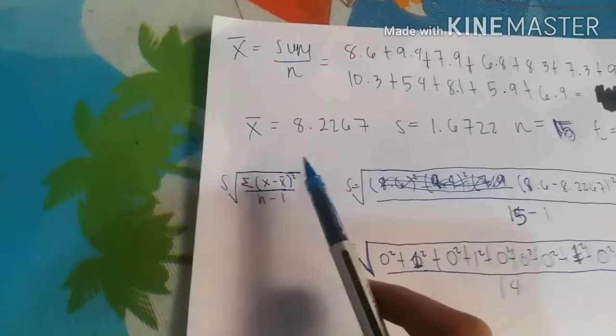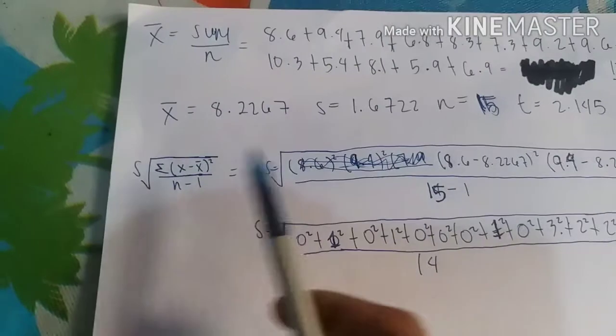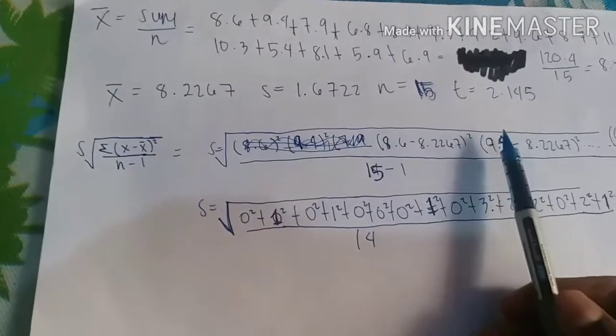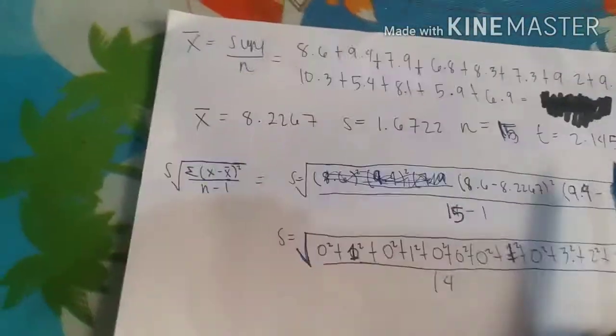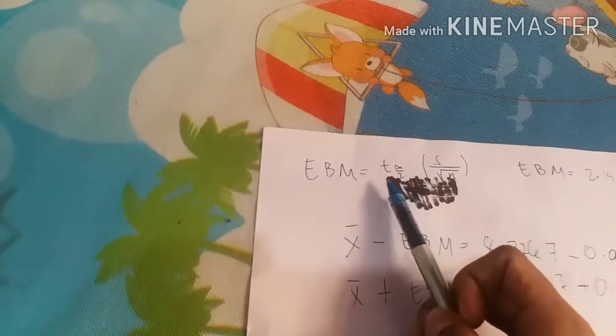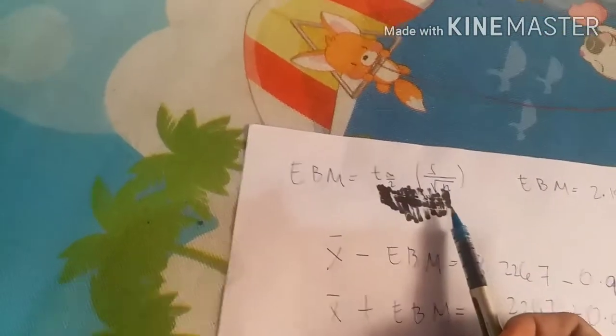Ibig sabihin, nung nahanap mo na yung 8.2667 and 1.6722, yung sample mean, sample standard deviation, and sample size, and also the t student or t table, ito na yung equation ng error bound for population mean. So EBM is equal to t table, t of alpha all over 2, times sample standard deviation all over square root of sample size.